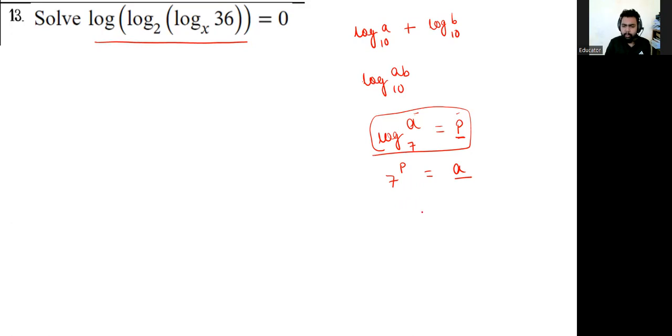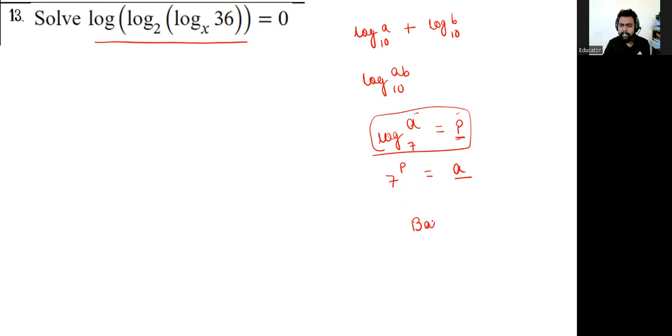So I'm going to write a formula. If you want to change the log function into the exponent, first of all, make sure that all the log functions are combined together. So here we have a log function which is outside and all other log functions are combined into one. Therefore, we are ready to change into the exponent.